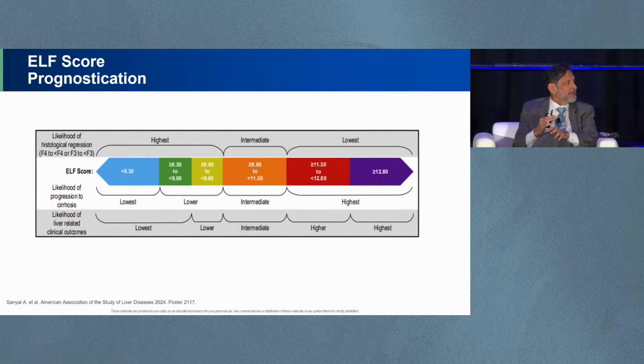That's one. Number two is that we can either think of it in terms of fibrosis stage, which is the classical way, and the approval and the studies that have been done were for F2s and F3s.